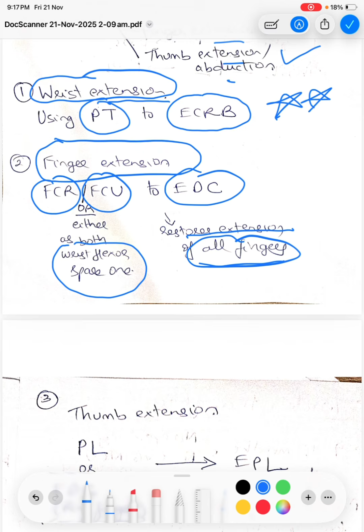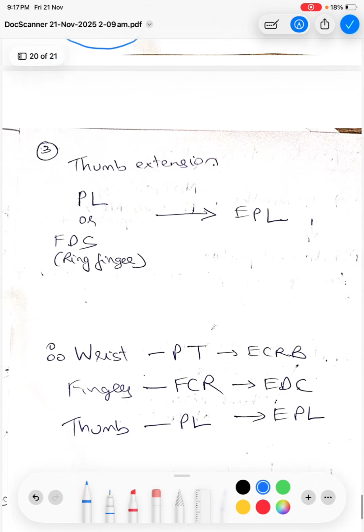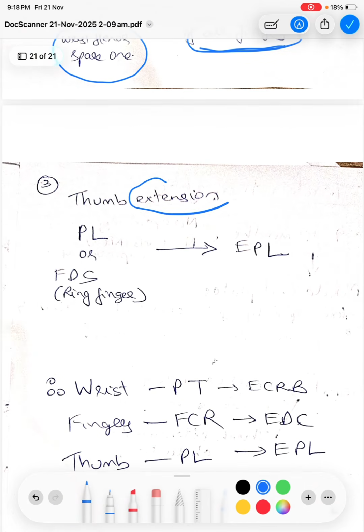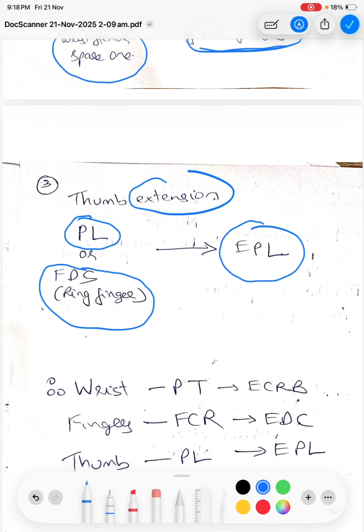Okay, so this is the concept. Now what do we need to get? We need to get the thumb extension and abduction back. How to get thumb extension back? We use the palmaris longus. If it is not available, we use the FDS of ring finger and we transfer it to EPL. This is how we get the thumb extension back.